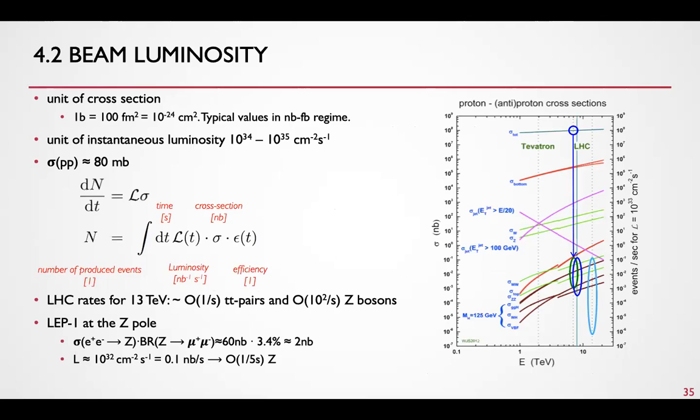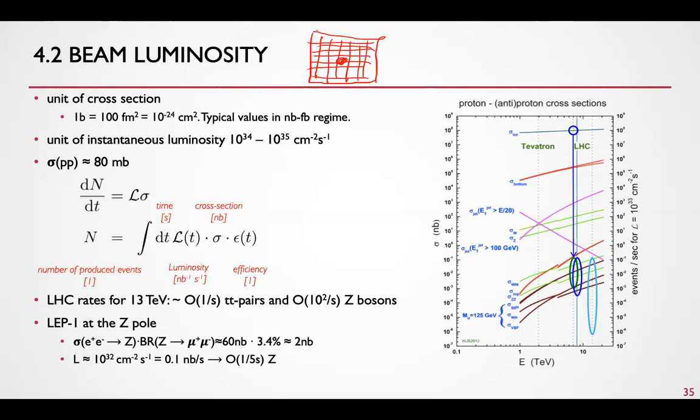But I want to talk now about magnitudes and scales. So the unit of the cross-section is a barn. I've said this in the beginning of the lecture. A barn is 100 square Fermi. 100 square Fermi is a rectangular grid of 10 Fermis in 2 dimensions, with 1 Fermi, the size of the proton very roughly, at the center.